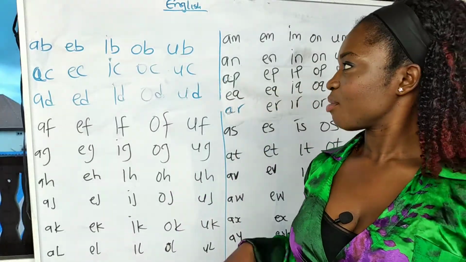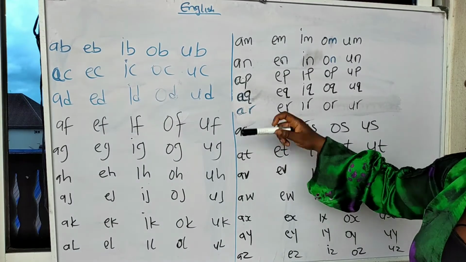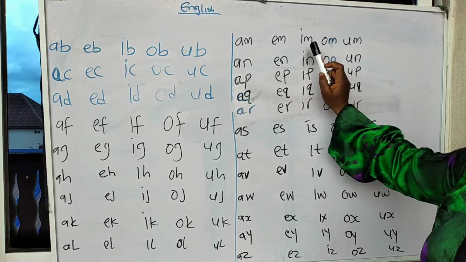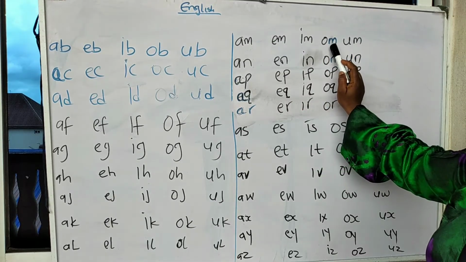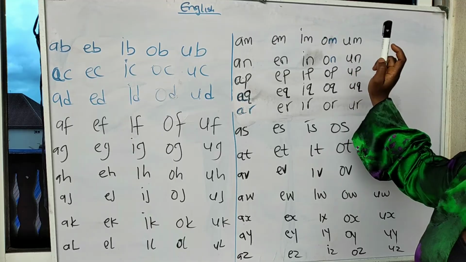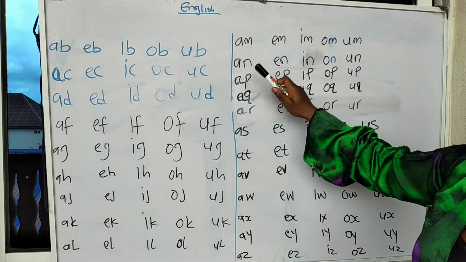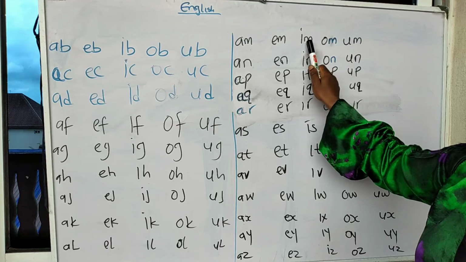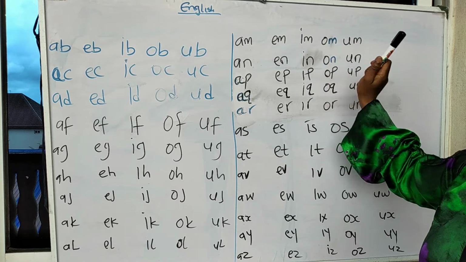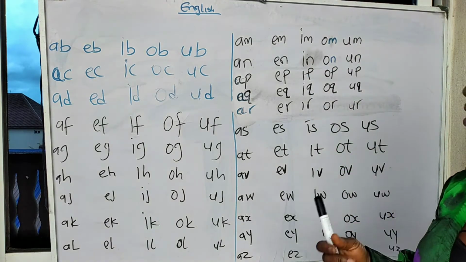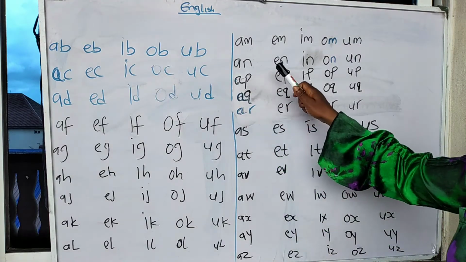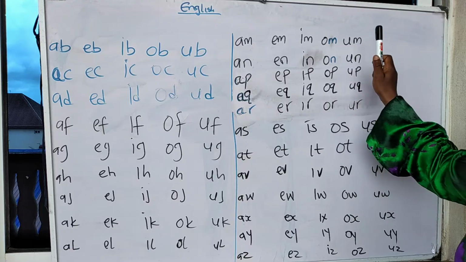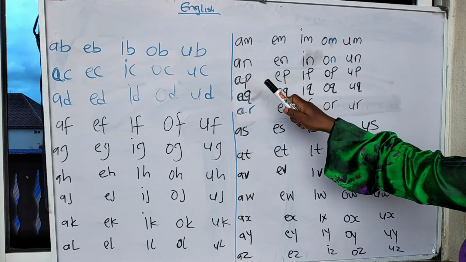Alright, so let's move to this part. We have am, em, im, om, um. This is the m sound. An, en, in, on, un.